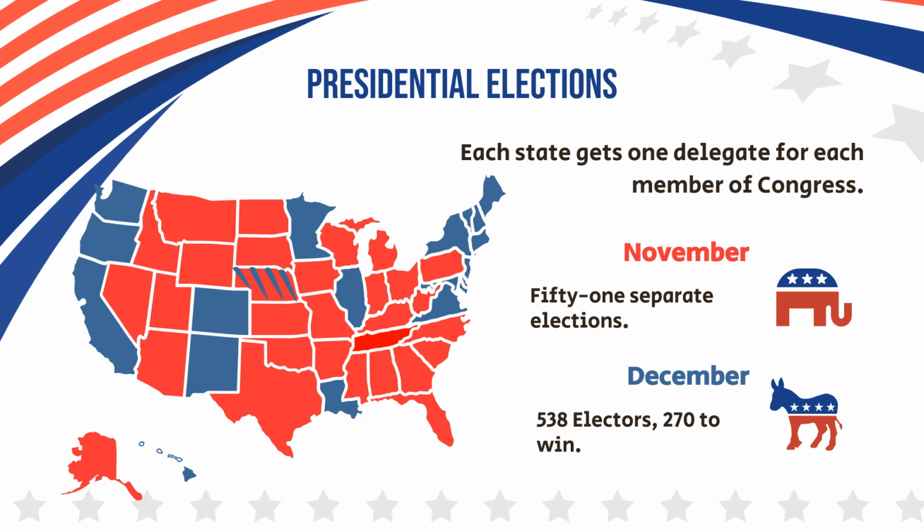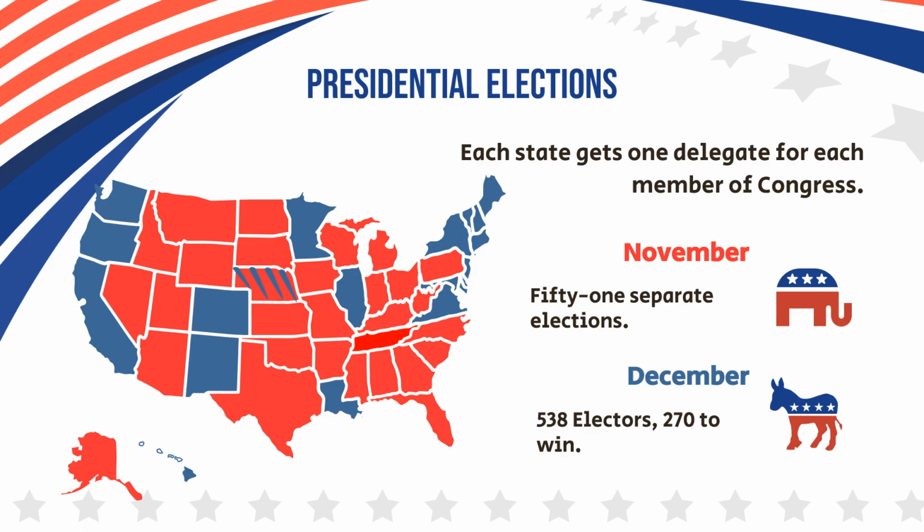So by including the Senate in the calculation, deciding how many representatives a state will get in the Electoral College, how many electors it will get to select, how many votes it will get to cast during the December phase of this process, the framers were deliberately biasing the results in favor of voters from smaller states.